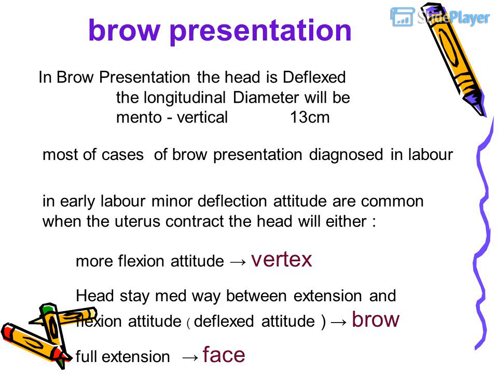When the uterus contracts, the head will either move to more flexion, attitude vertex, or stay midway between extension and flexion, deflexed attitude, brow, or go to full extension, face.